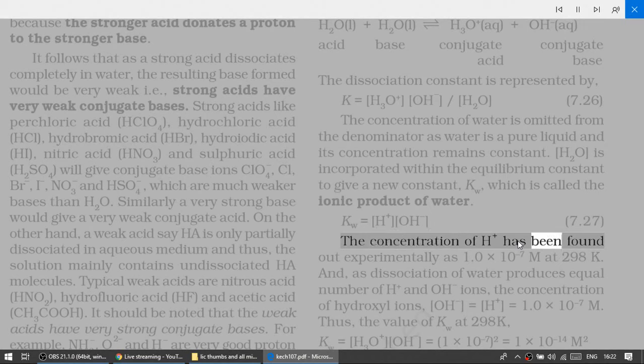The concentration of H+ has been found out experimentally as 1.0 × 10^-7 M at 298 K. And, as dissociation of water produces equal number of H+ and OH− ions, the concentration of hydroxyl ions, [OH−], is equal to [H+], which is 1.0 × 10^-7 M. Thus, the value of Kw at 298 K: Kw = [H3O+][OH−] = (1 × 10^-7)^2 = 1 × 10^-14 M^2 (7.28).